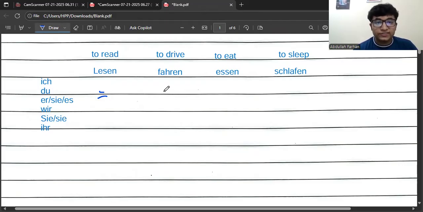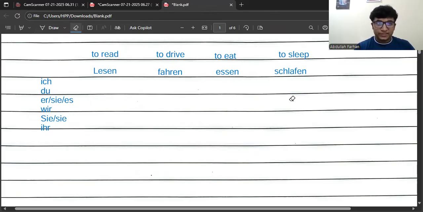Pause the video, skip the du and er/sie/es conjugations, and conjugate everything as it is. Make the same columns, in the same format that we have. Now, let's move on.